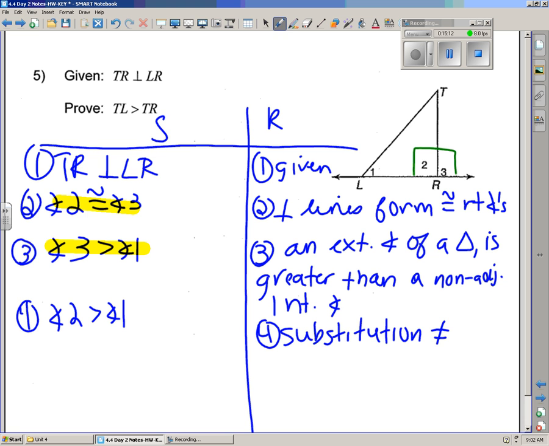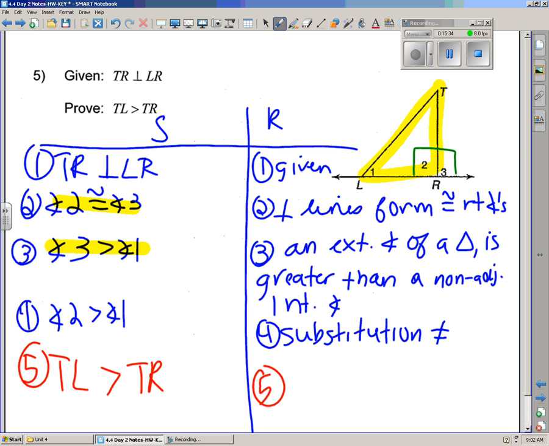And the fact that 2 is greater than 1, and we are in a triangle, then the side opposite angle 2 is TL, sorry about that. And it's greater than the side opposite angle 1, which is TR. And that's our proof statement.